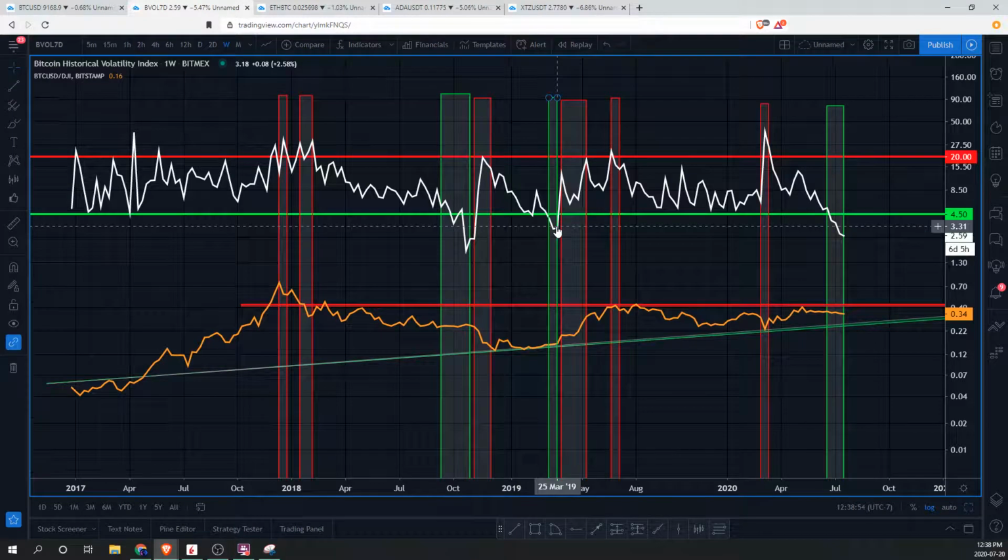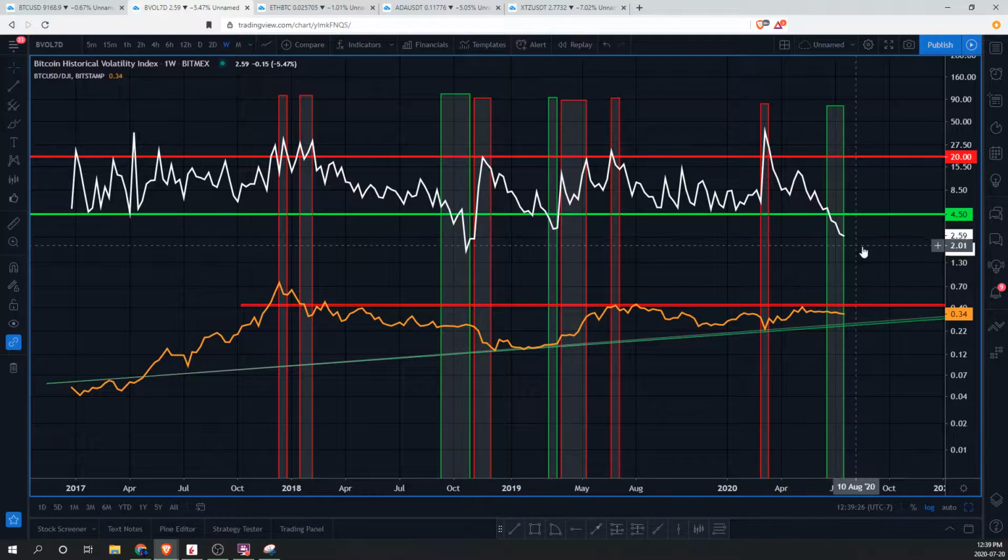This was right before we had that huge bullish push, breaking the $4,200 level of support and pushing all the way up to 14,000. So looking at history, there's a high probability of a massive move after a huge contraction in volatility. We saw it twice already. Back in October of 2018, we went from 6,100 to around 3,200. The next time we had extremely low volatility, we went from 4,200 to 14K.